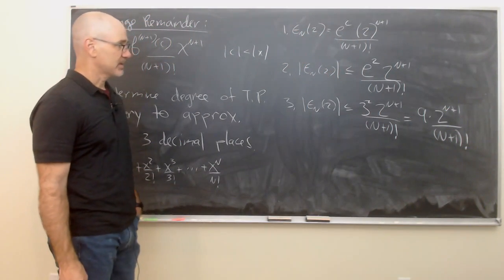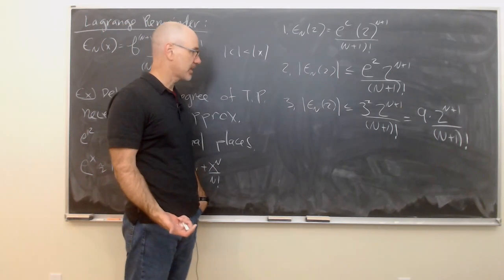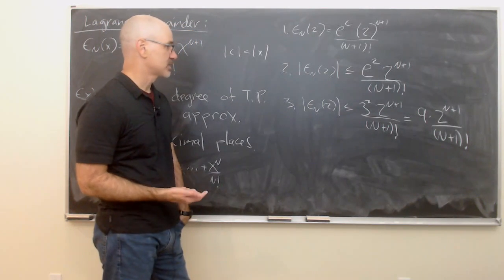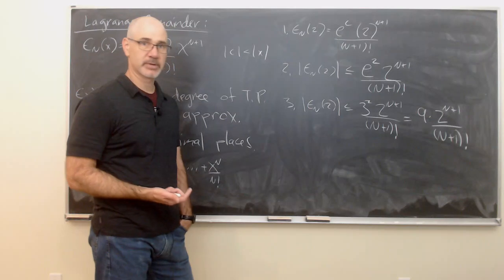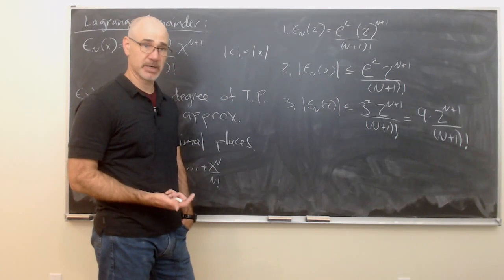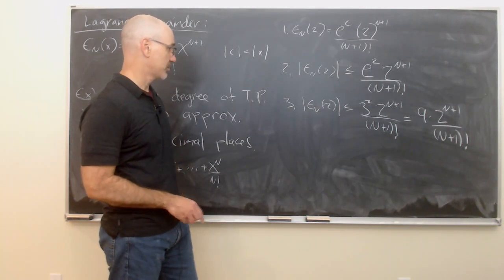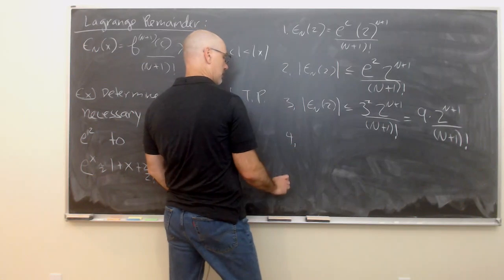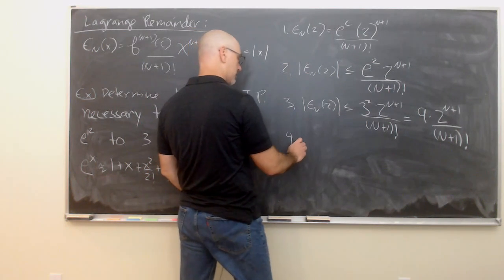So now we finally have something we can calculate with. And the rest of this is really trial and error with capital N until you find one that's big enough to make the error less than 0.0001.